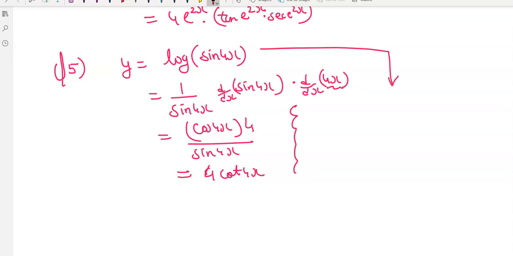Like derivative of log x is 1 by x, and if there is no x, we have to differentiate that.